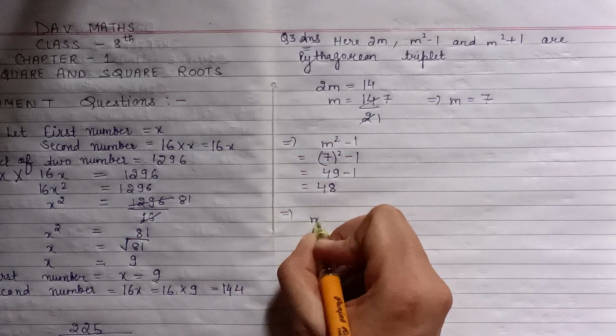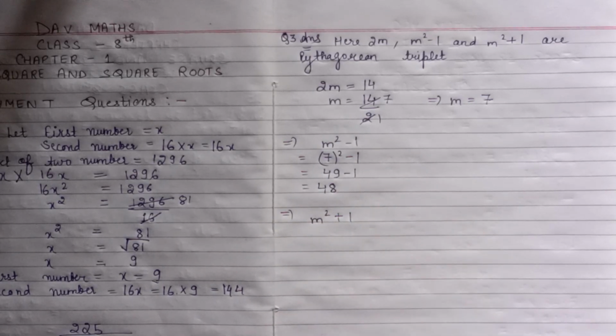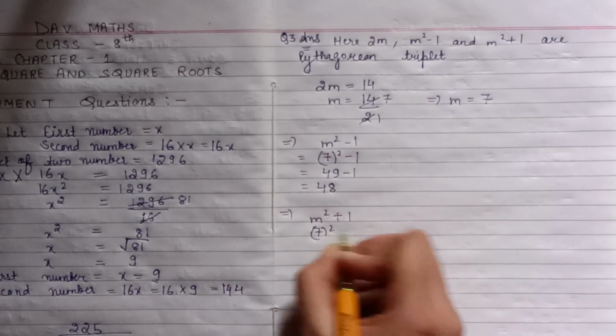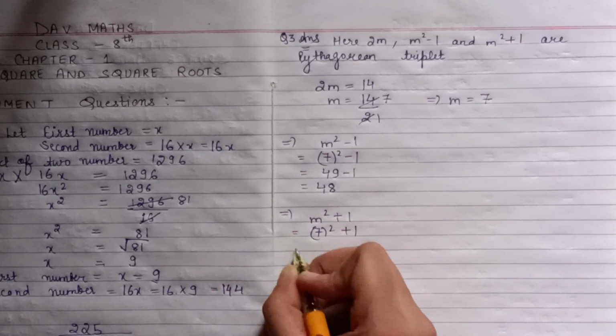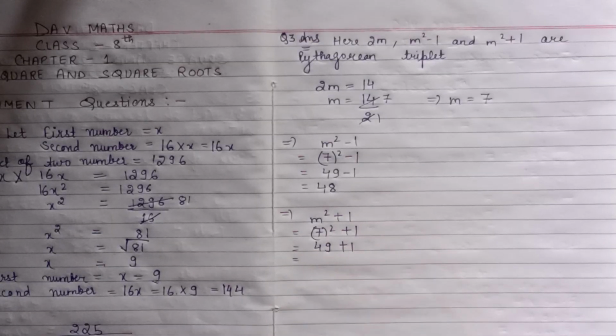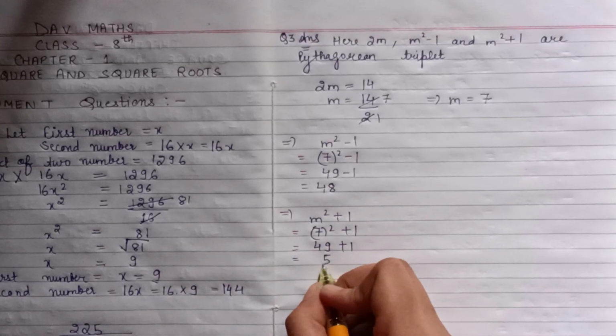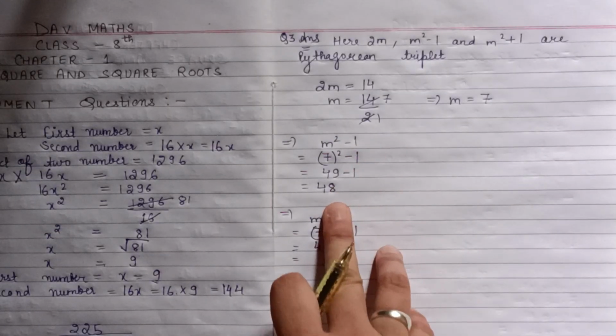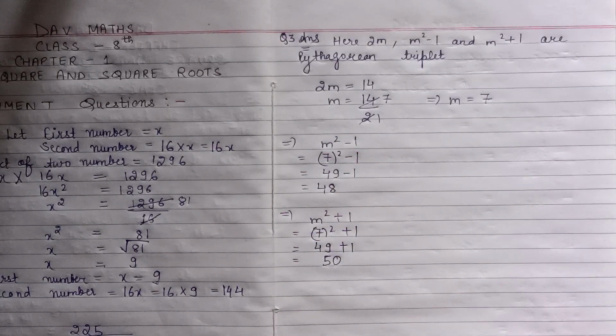Again put the value of m is equal to 7. 7 square plus 1. 7 sevens are 49 plus 1 is equal to 50. m square minus 1 is equal to 48. m square plus 1 is equal to 50.